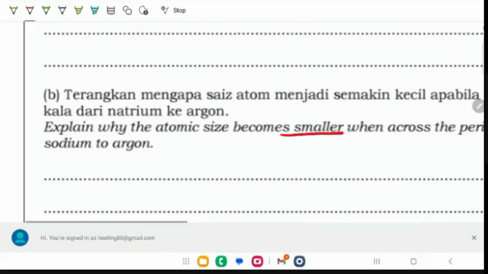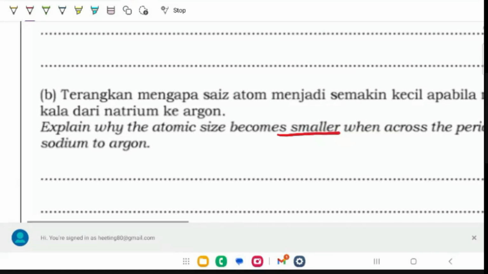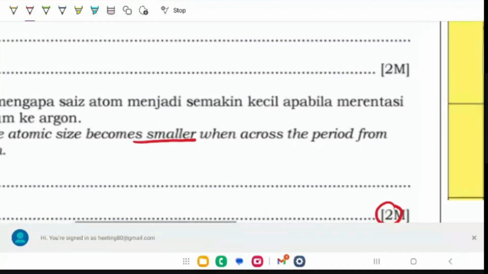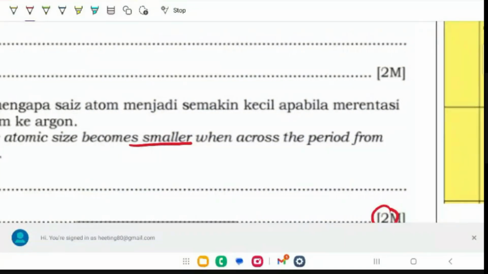Force of attraction of electron increases. Before that, why is the force of attraction increased? Number of electrons increase?